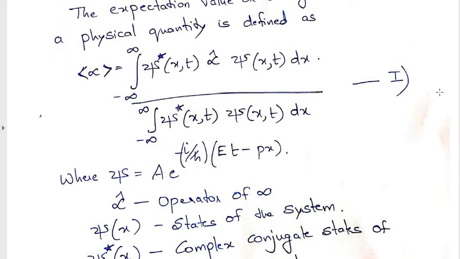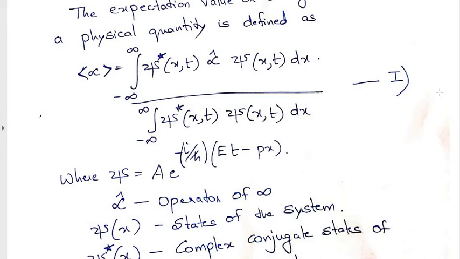Here psi is a wave function. Its value is given by A e to the power of minus i by h bar into (Et minus px). Then alpha cap is nothing but the operator of alpha.